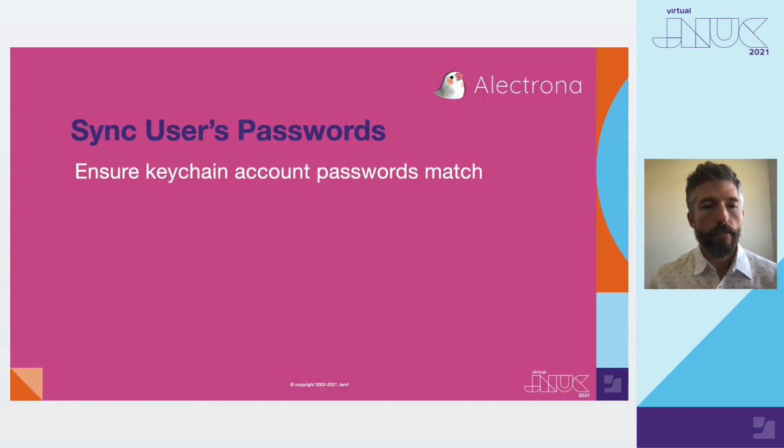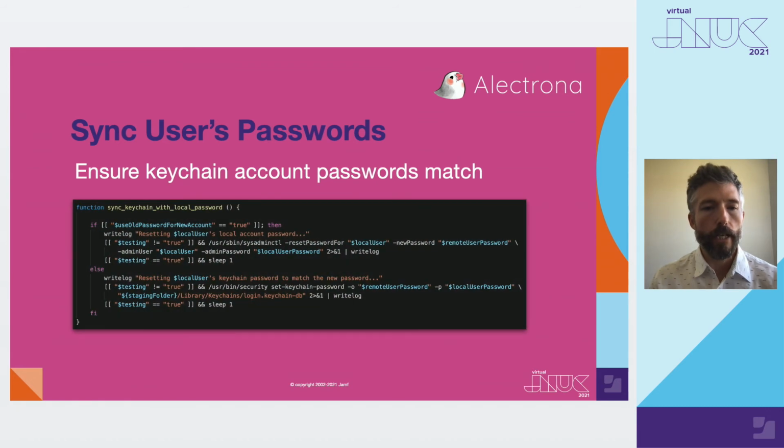And again, I mentioned syncing their login password with their old keychain password, and we can do that two different ways. One would be changing their actual password for the local account, if we specify which one of these methods we're going to use with the parameter in the Jamf Pro policy.